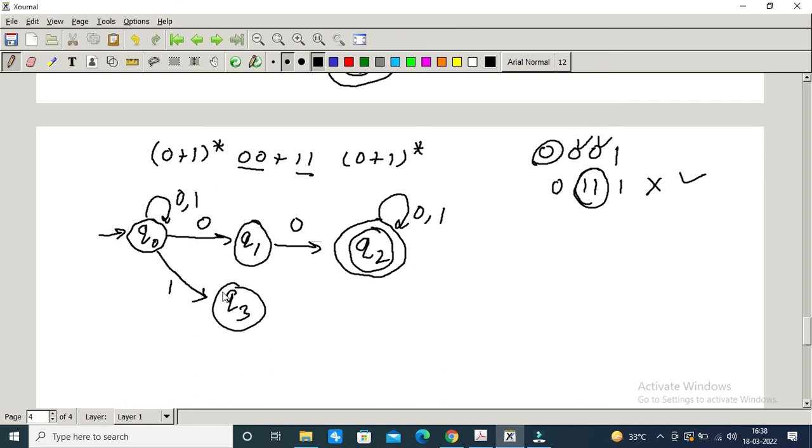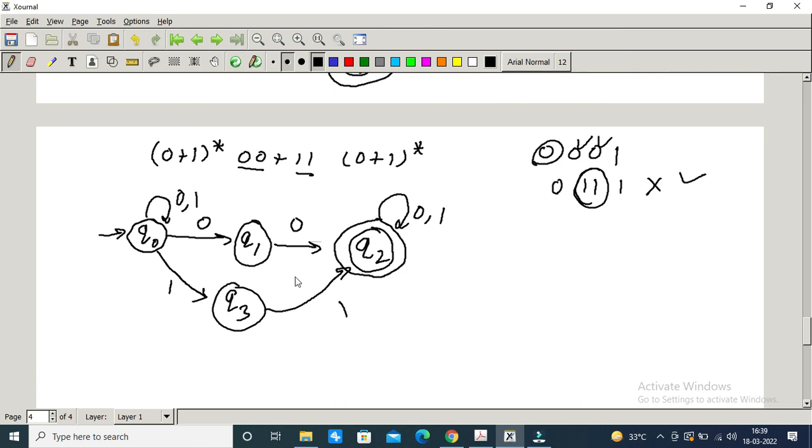And this can be 0 1, and then it can be 1, right? It can be 1. So for that, what we have to do, we have to make this like 1. Okay, but the question is: is this machine correct according to this regular expression?